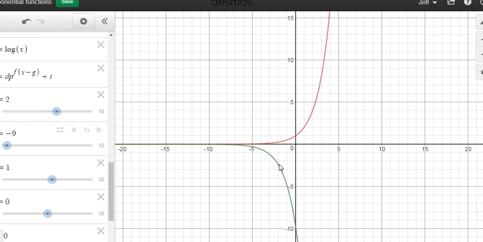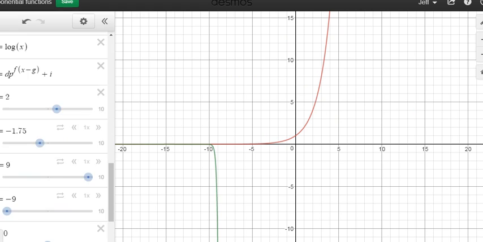B, ooh, look at that. Going to the negatives. Okay, what about F now? Oh, look at that. That's a little bit of stretching going on there. Cool. Okay, G, let's add some horizontal translations. Ooh, funky. Wow, that's great.